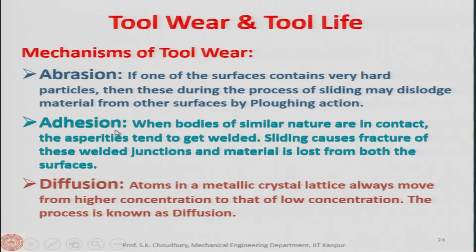All right. The second mechanism is adhesion. When bodies of similar nature are in contact, the asperities tend to get welded. Sliding causes fracture of these welded junctions, and material is lost from both the surfaces. What exactly is said is that two surfaces may sit on each other on the asperities.